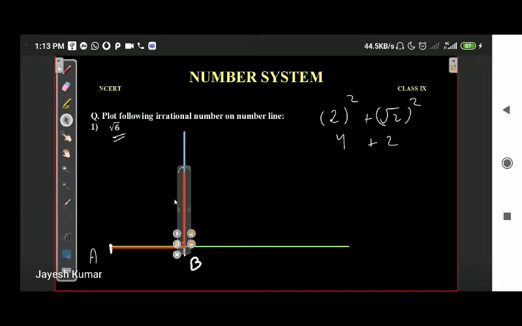This is how I mark 1 centimeter on it. Let this point be C.